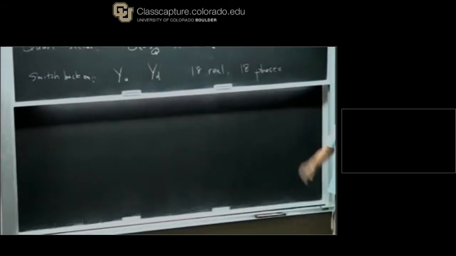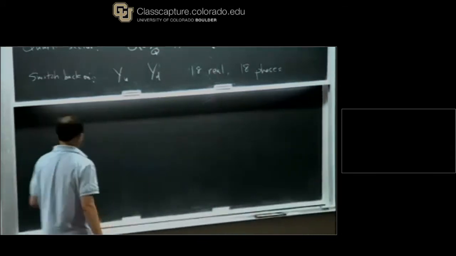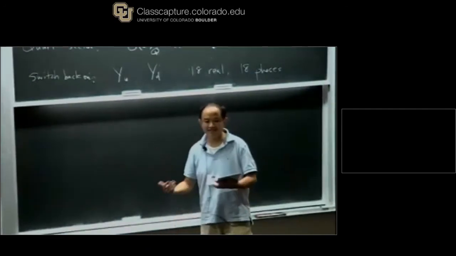So it looks like I have 18 real flavor parameters, 18 phase parameters, right? No. It turns out the answer is no, because I haven't used all the degrees of freedom to rotate away the phases.